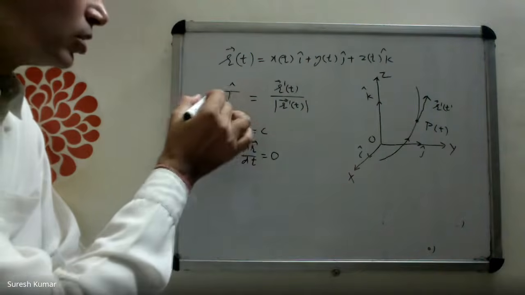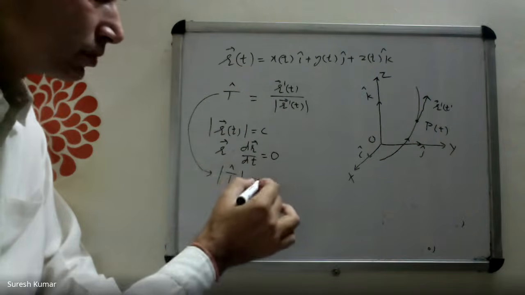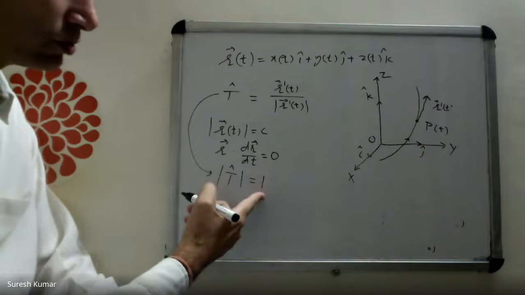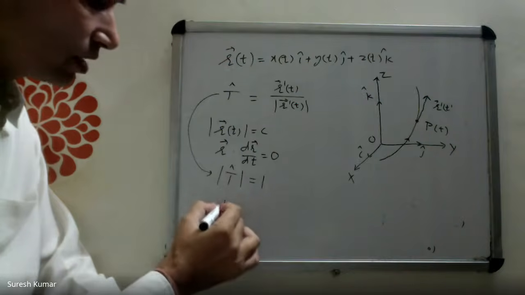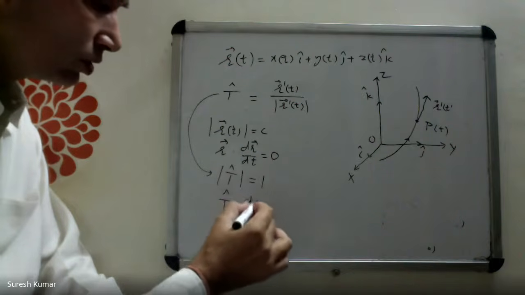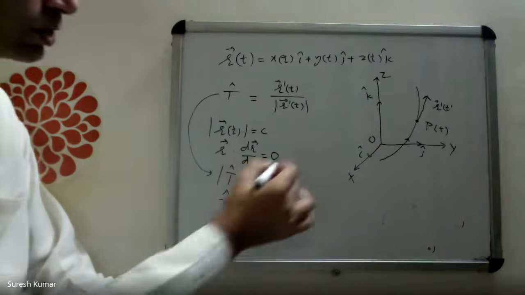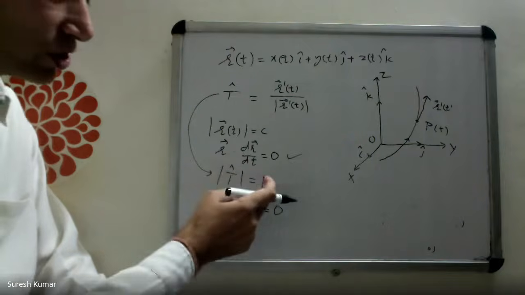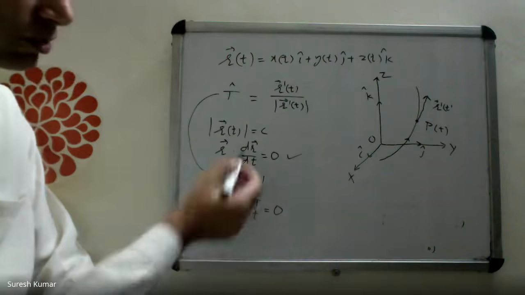Okay. Now, what is the magnitude of T cap? 1. It means it is a vector of constant length, but at the same time it is a function of t. So can I say that T cap dot dT cap over dt is 0 because of this result? If T cap is a vector of constant length, it should be orthogonal to its derivative.